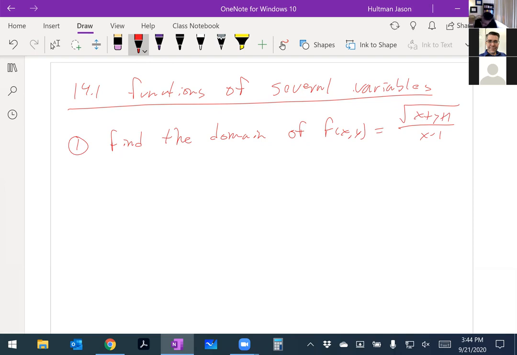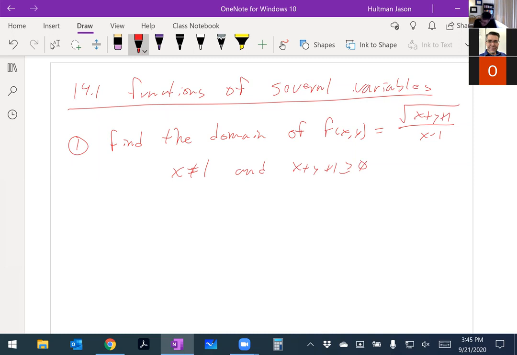Okay, so what are the restrictions on this? Well, the restrictions are that x cannot equal 1, right? And that whatever is under the square root has to be positive or 0. It has to be non-negative. So this is x plus y plus 1 has to be greater than or equal to 0. Okay.